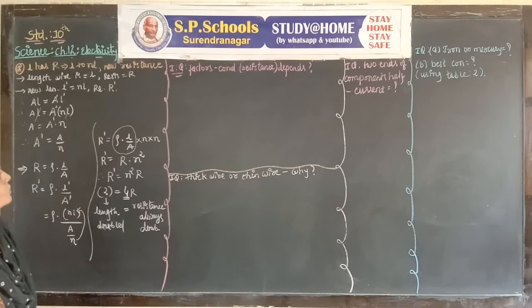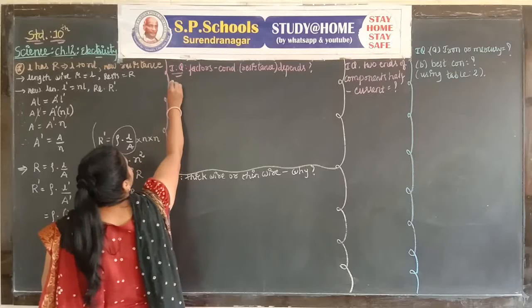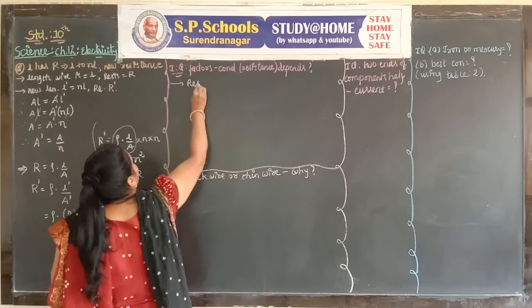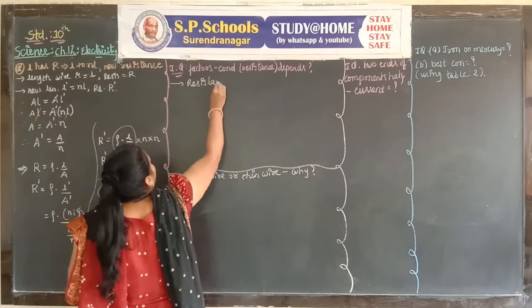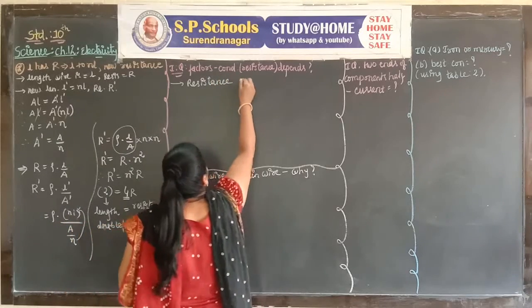Next, let's go to the next question. The question says: on what factors does the resistance of a conductor depend? We already know the formula, and we already know the resistance of a conductor depends mainly on 2 factors.